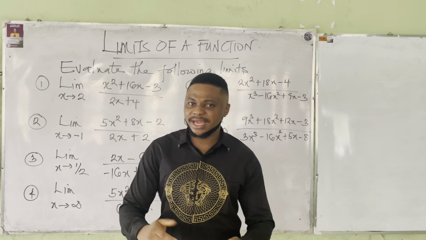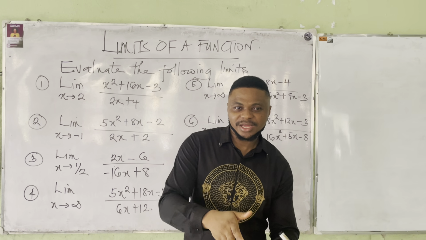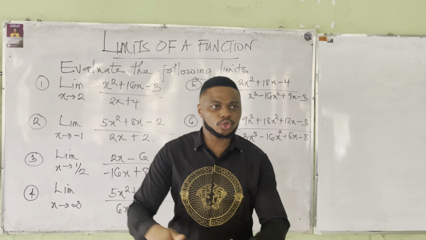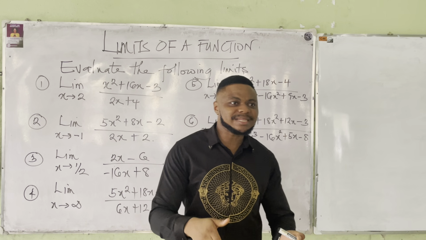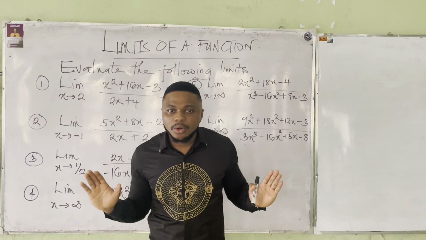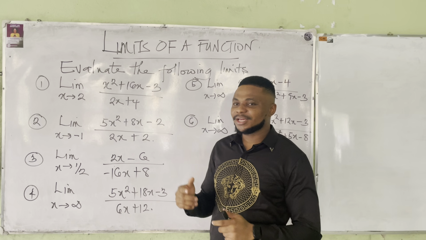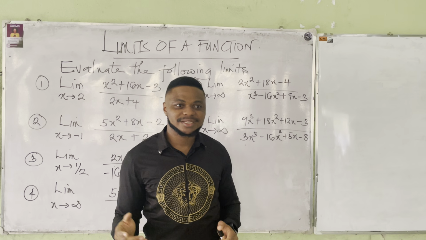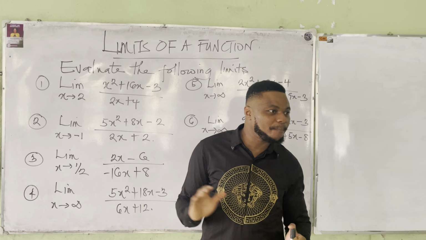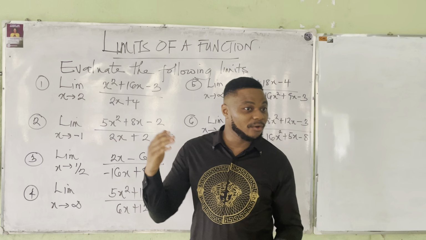If I say my limit for doing a particular thing today is 2 p.m., it means that by 2 p.m., I should have stopped working. You've heard statements like, the sky is your limit, right? It means that when you get to the sky, that's the final point. Don't pass the sky.